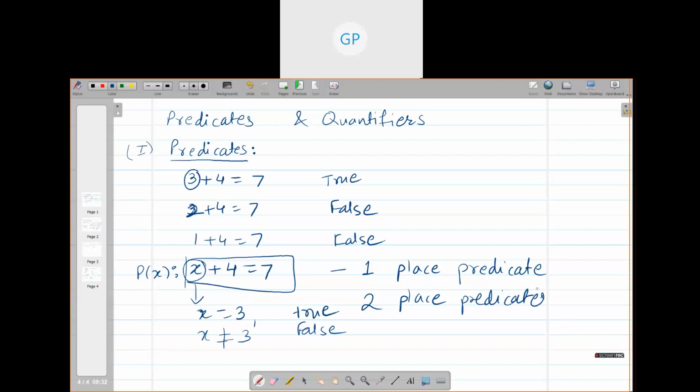Is that okay? Yes. Yeah, so let us write down the definition of predicate.